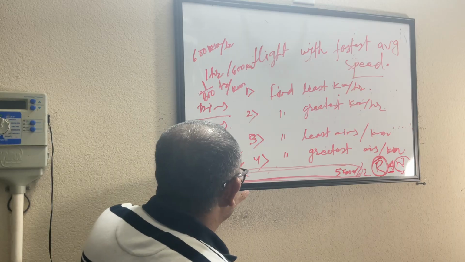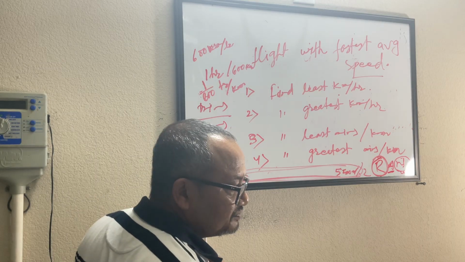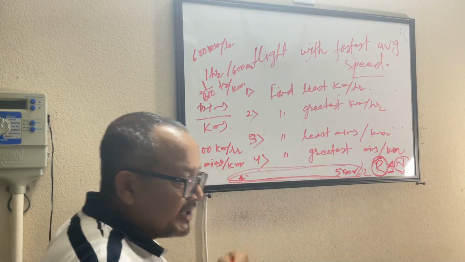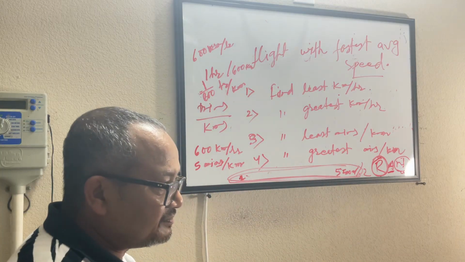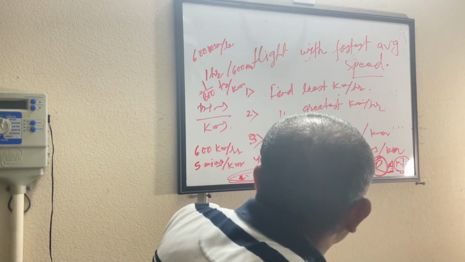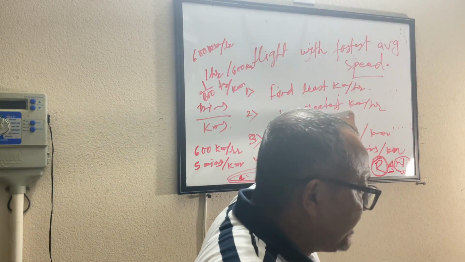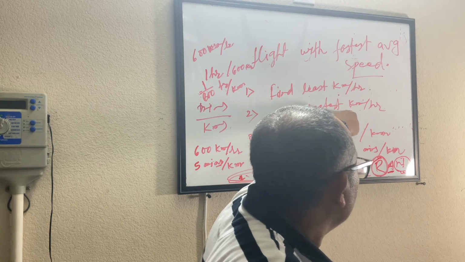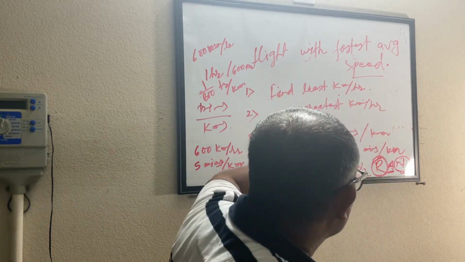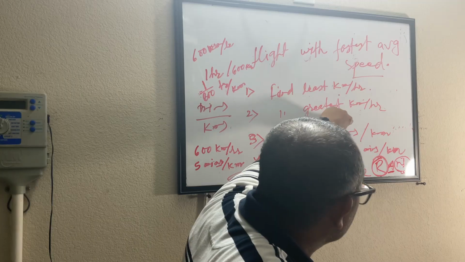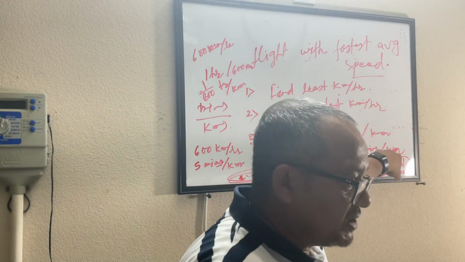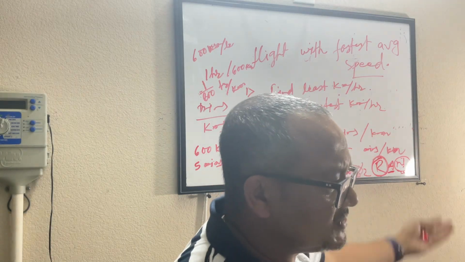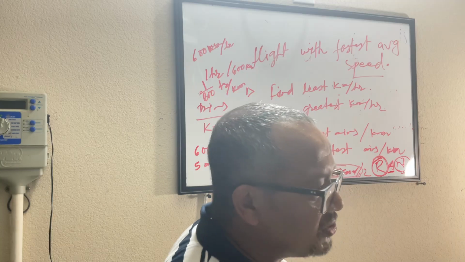For me to go every kilometer, I'm taking 5 minutes. You are looking at the rate and the speed in a reverse way. Here you are looking at speed per hour. Here looking at time taken per kilometer. Just the reverse of how you read it.